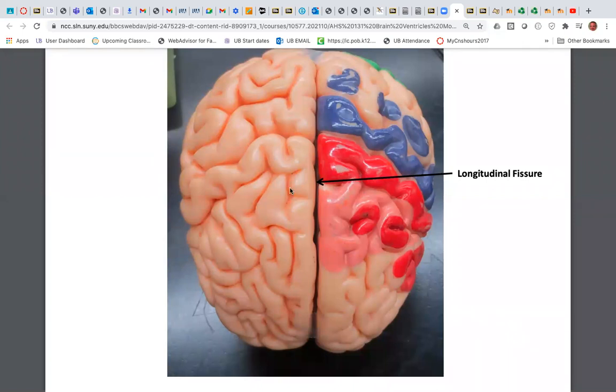So right and left side are very different, and having healthy left and right parts of the brain that communicate with one another is important, and they do communicate with one another. There are white matter tracts that go back and forth called the corpus callosum that allow the left and right hemispheres to communicate with one another.